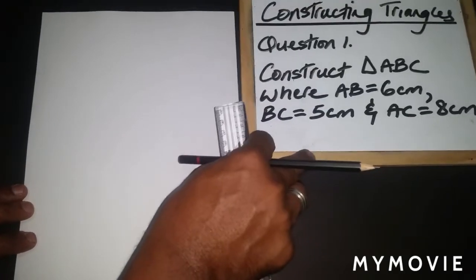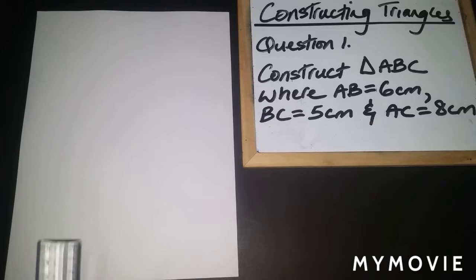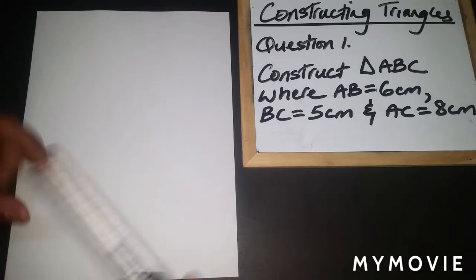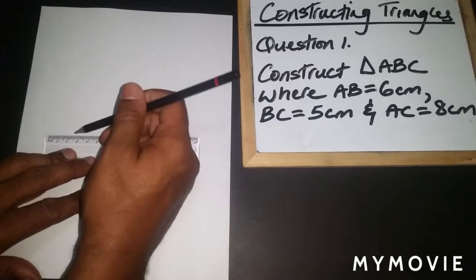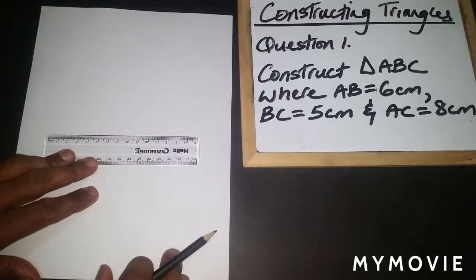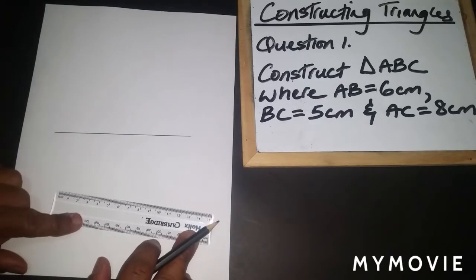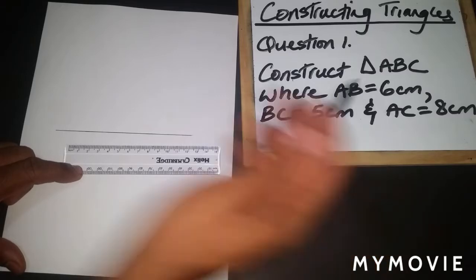So here we have the sheet that we're going to do the construction on. Now, first of all, we are going to draw a line, and what we're going to do is measure the length of AB.